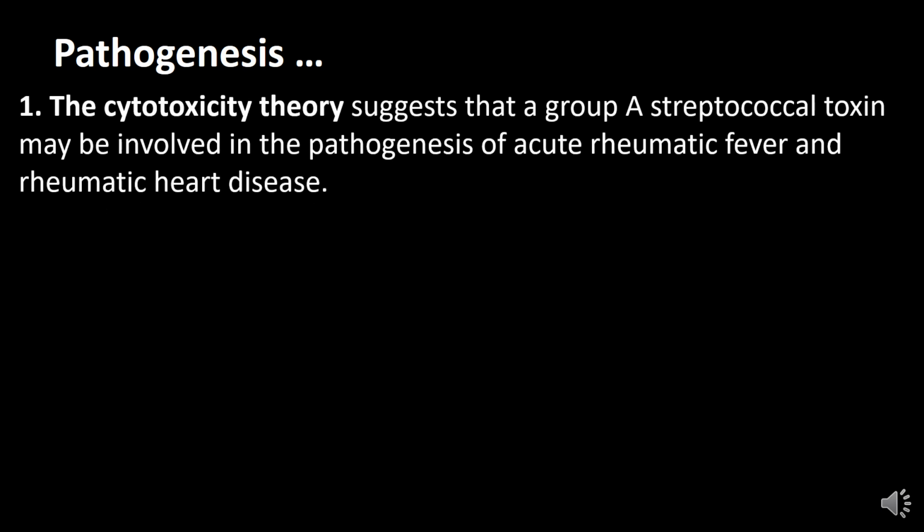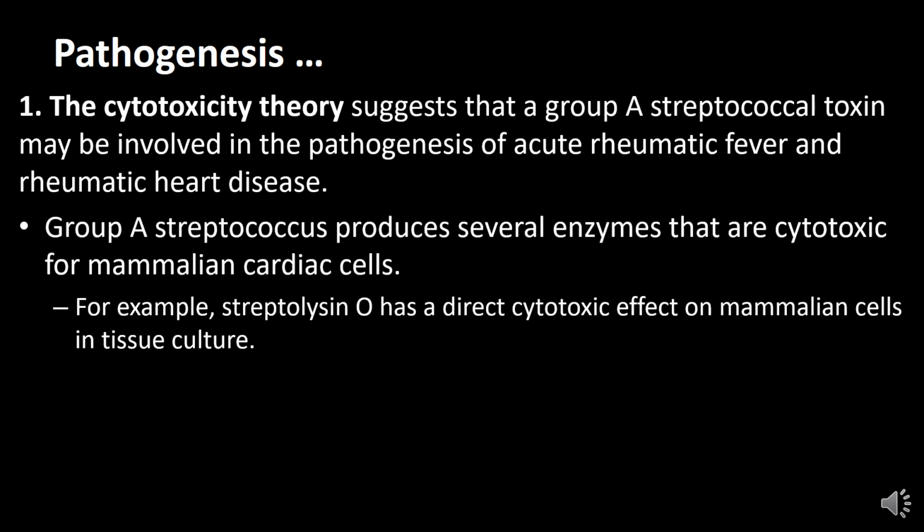So the cytotoxicity theory suggests that a group A streptococcal toxin may be involved in the pathogenesis of acute rheumatic fever and subsequently rheumatic heart disease. That is to say that the toxins that are produced by the group A streptococcus have direct toxic effects on the tissues that are affected, on the connective tissues, on the heart muscle, on the nervous tissue, on the skin.